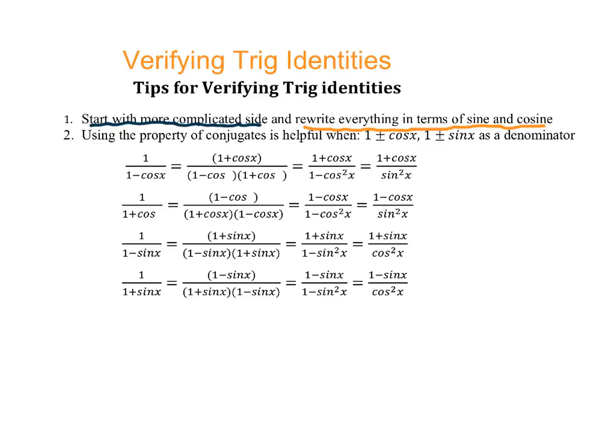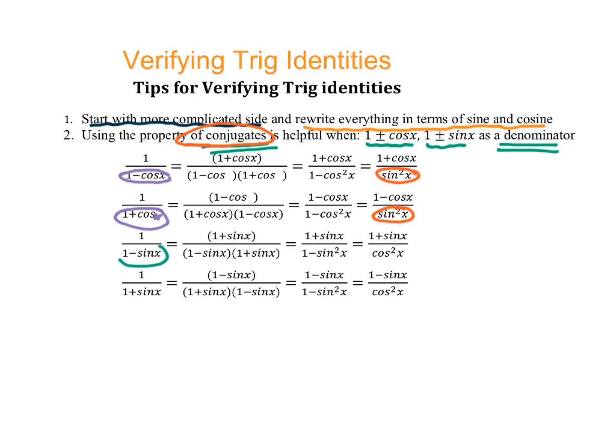Whenever you see 1 plus or minus cosine x or 1 plus or minus sine x as a denominator, use conjugate multiply to simplify. Remember that when you have 1 minus cosine x or 1 plus cosine x as a denominator, you are supposed to get sine squared x as a denominator after you do a conjugate multiply.